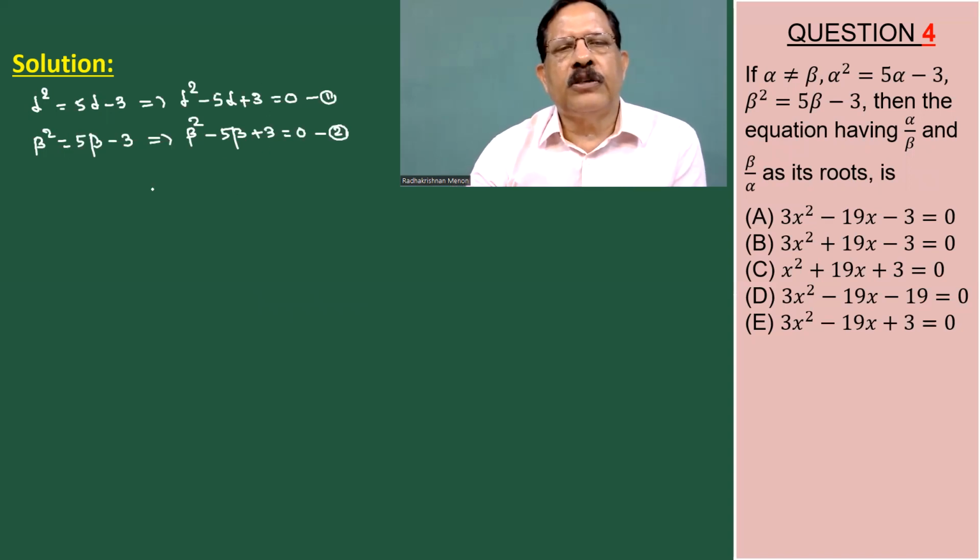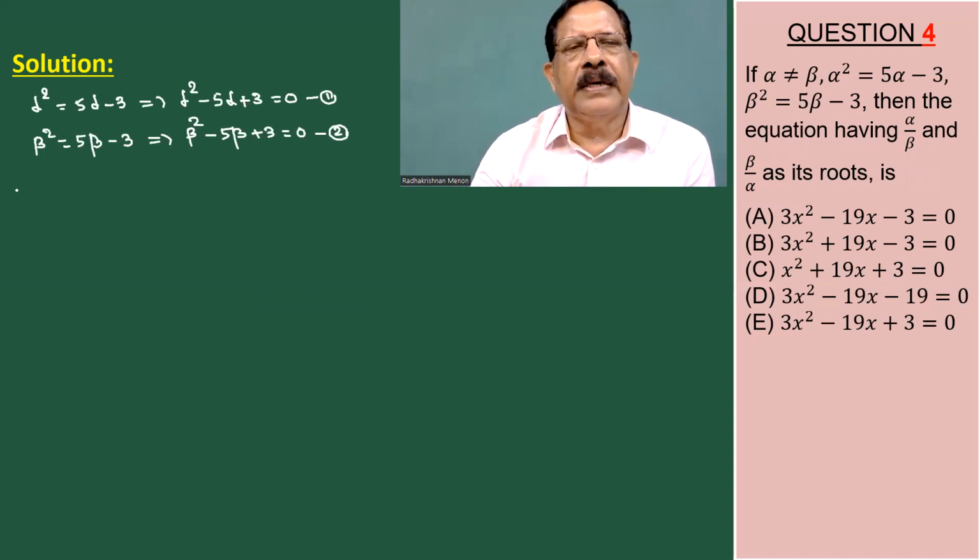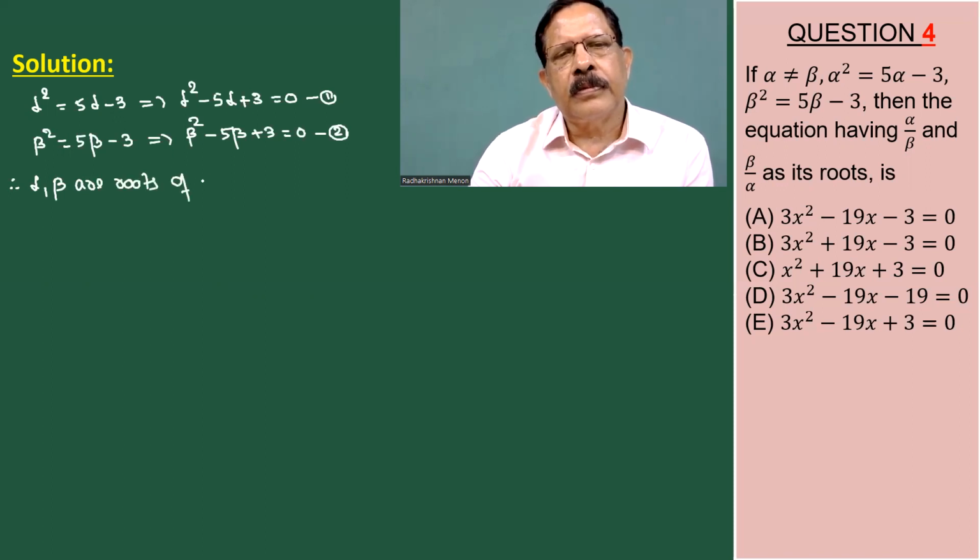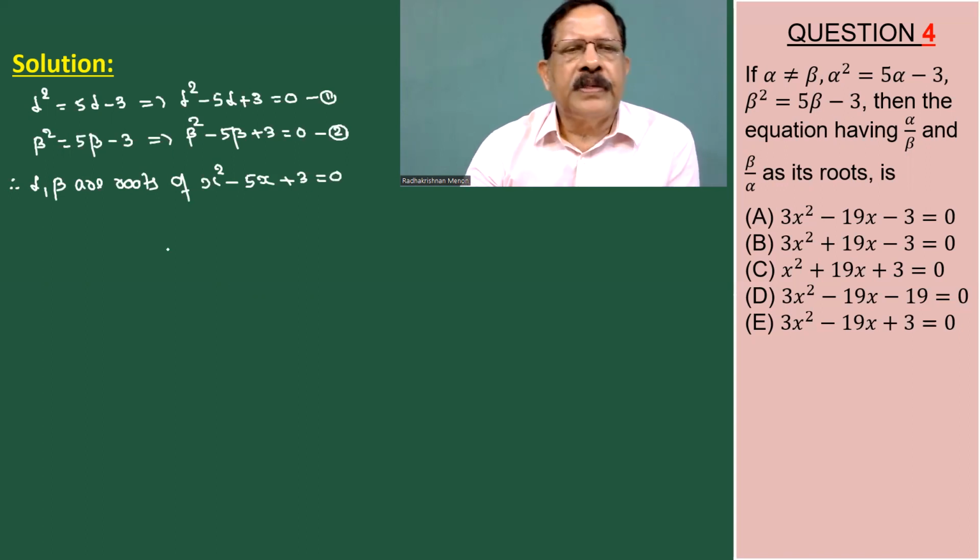Now, when you observe these two equations, we will be able to conclude that alpha, beta are roots of x squared minus 5x plus 3 equal to 0. Why? When you put x is equal to alpha, by equation 1, it is being satisfied.